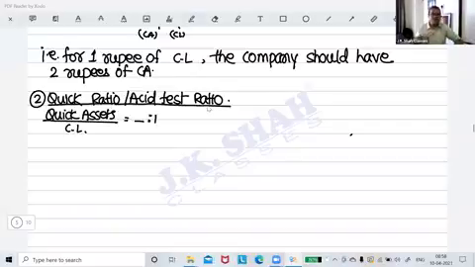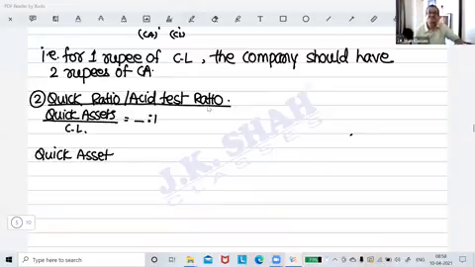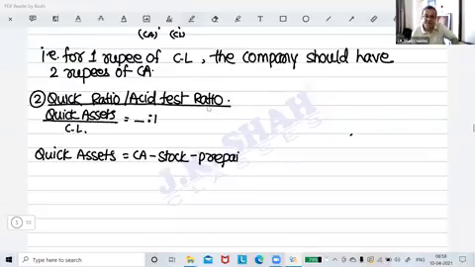Then I need an elaboration, right? So what are my quick assets? The quick assets are the ones which can be liquidated immediately. So how would you define it, sir? I say current assets minus stock minus prepaid expenses.